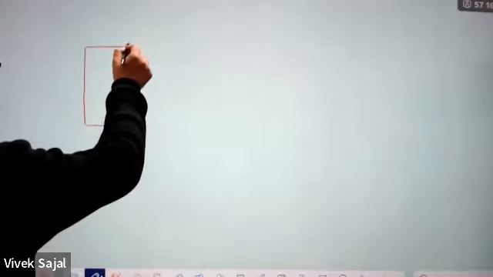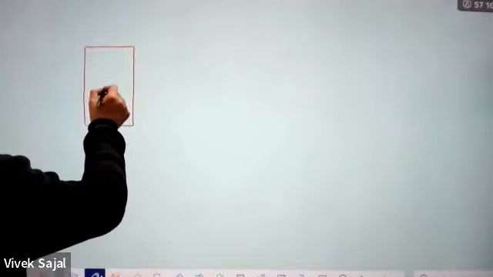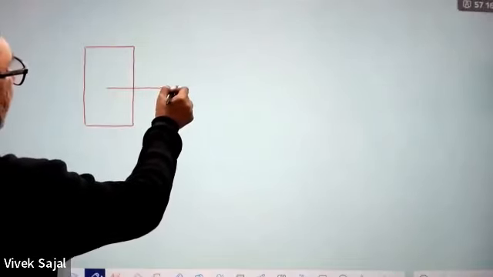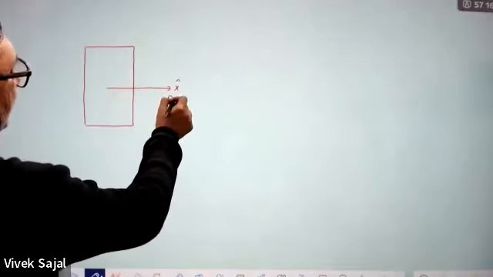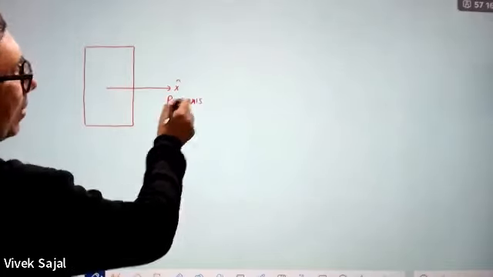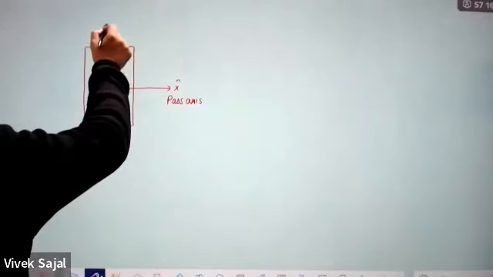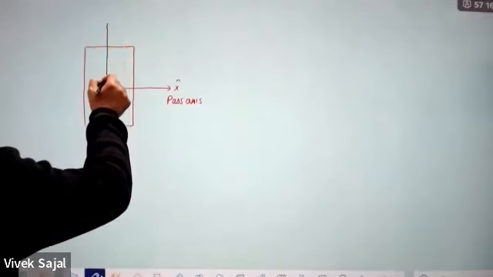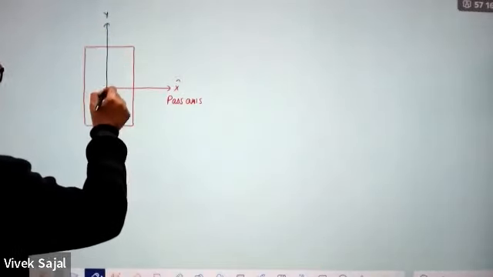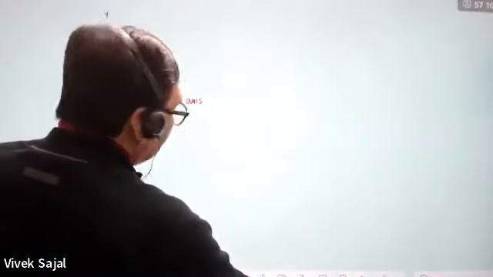This is my polarizer, and I'm saying its pass axis is this, the x-axis. This is another one, the perpendicular axis, the y-axis. So now unpolarized light is incident on it.